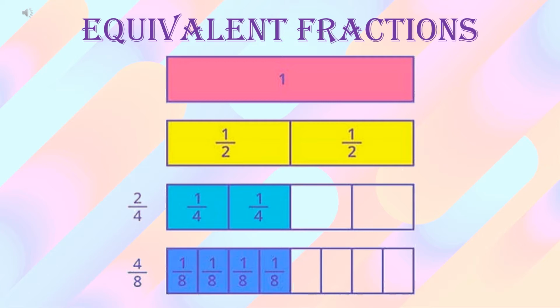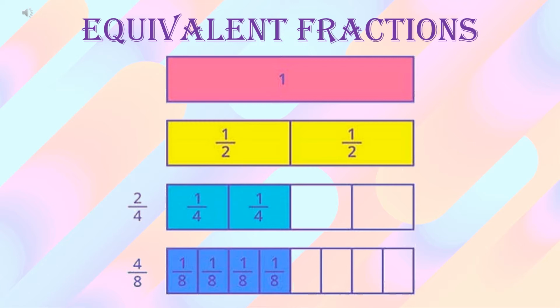And in the last picture, if you see, I had divided the rectangle into 8 equal parts and each part represents 1/8. So if I take 4 parts out of 8 parts, it will be 1/8 plus 1/8 plus 1/8 plus 1/8, which is equal to 4/8.